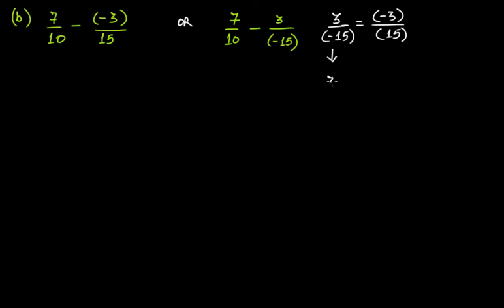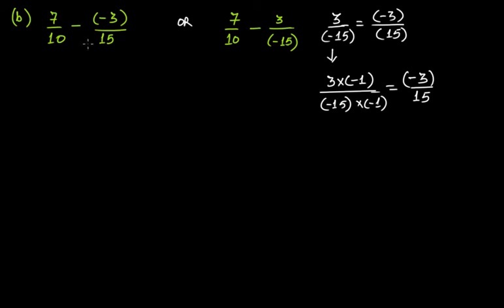So for that, you have to multiply the numerator with minus 1 and the denominator with minus 1. So this gives you minus 3 over 15, right? Same thing. Okay, so if you are dealing with such problems where the denominator is negative, first make it positive using this step, and you have to show this step in your examination.